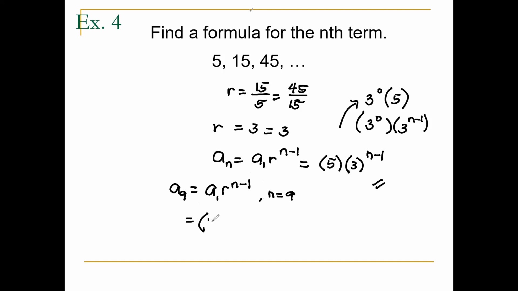The first term is 5, then our r is 3, raised to n minus 1. Then simplify, we will have 5 multiplied by 3 raised to 9 minus 1. The answer is 8. When you simplify it, 3 raised to 8, then you multiply it by 5. So the ninth term, you can double check, is 32,805.